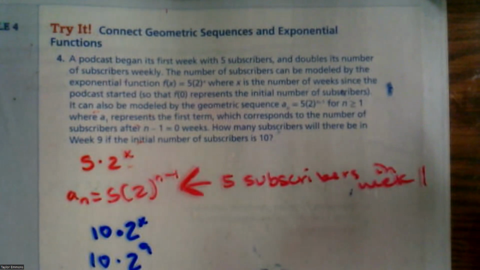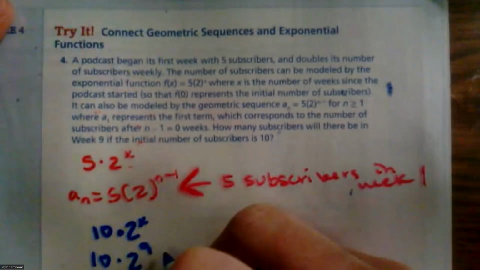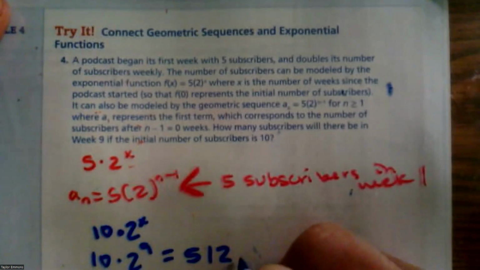So 2 raised to the 9th power gives me what? So we have 10 times 2 raised to the 9th power. That gives us 5,120.